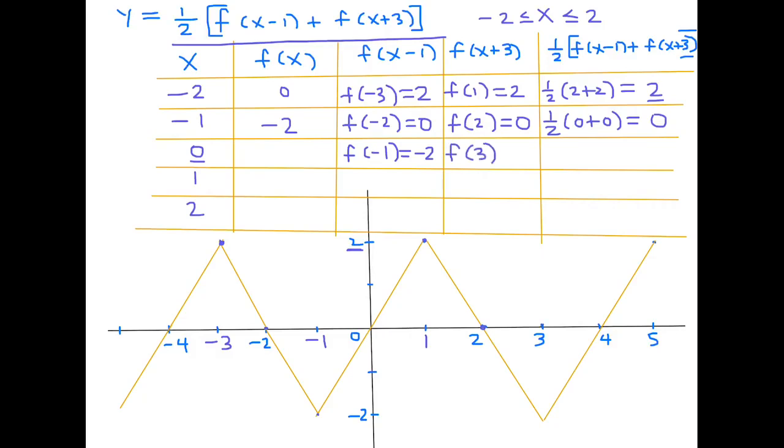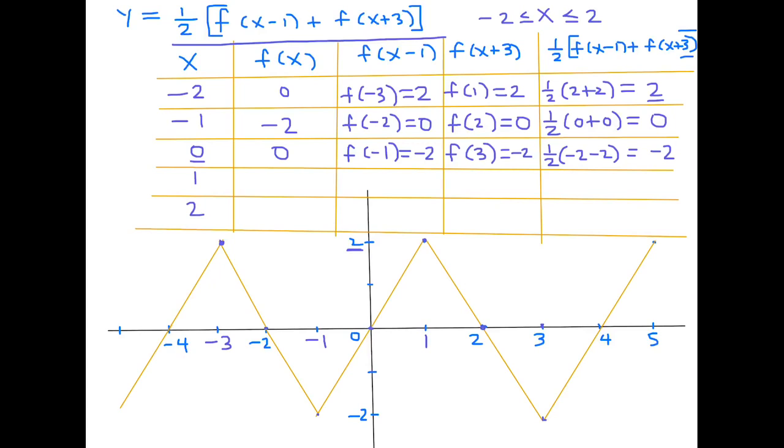And f at 3 is right here, which is negative 2. So therefore, you've got 1/2, negative 2 minus 2 is negative 2. And f at x, when x was 0, was just 0. We don't really need it, but for the sake of completion, let's just do it.